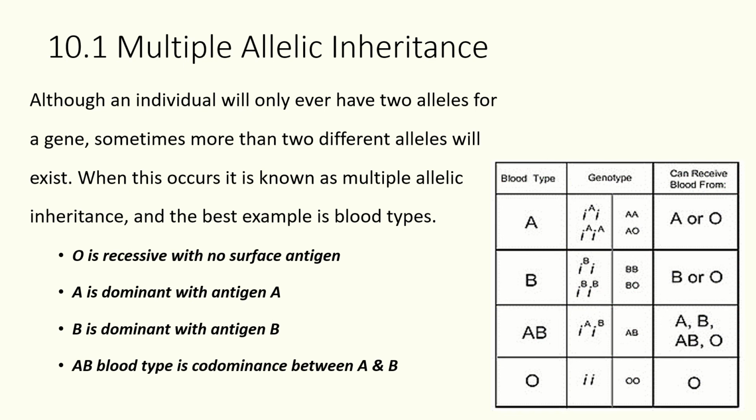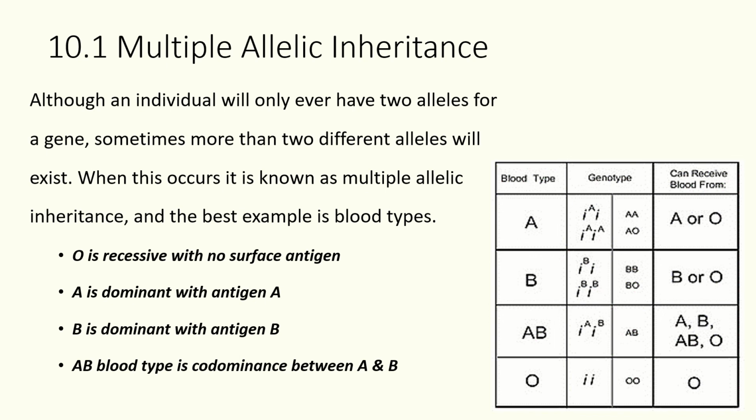So the phenotypes are blood type A, blood type B, blood type AB, or blood type O. And the possible genotypes that we have from that are 6. So you can have homozygous A, or you could have heterozygous A, both of which will be A blood type. You can have homozygous B or heterozygous B, both of which will be the B blood type. And then you can have AB.